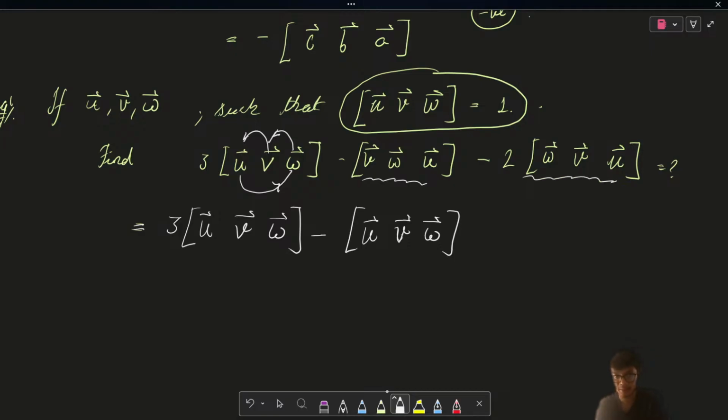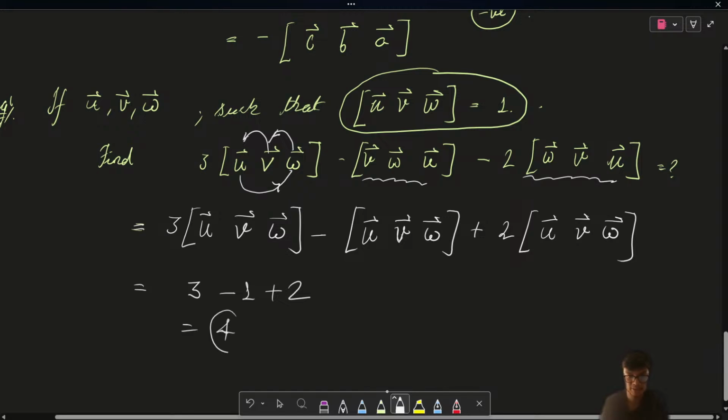However, this one is obtained by doing an odd number of interchanges. So this will be plus 2 times [u, v, w]. If I evaluate this expression, I get 3 minus 1 plus 2, which gives the result as 4. So the final result for the expression will be 4.